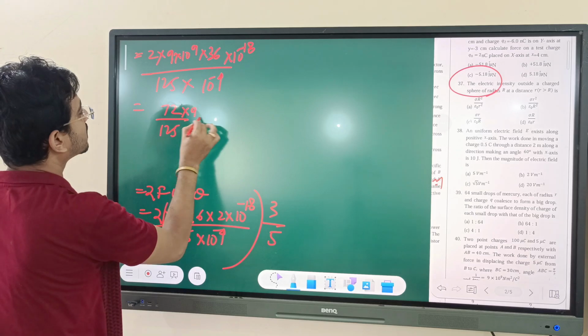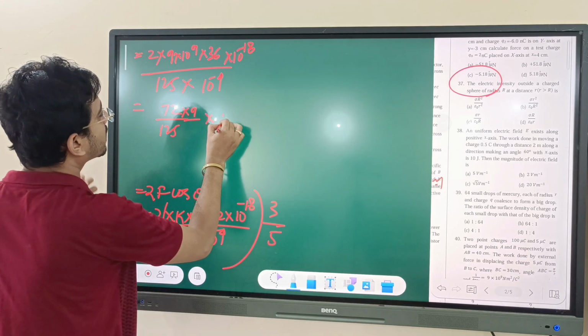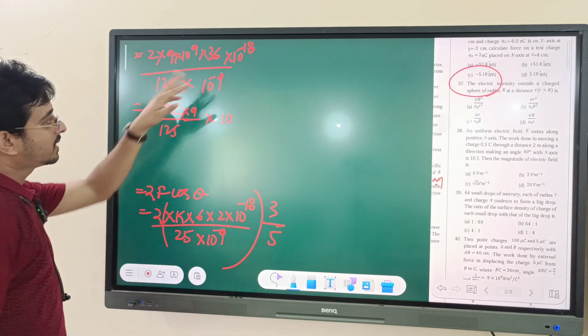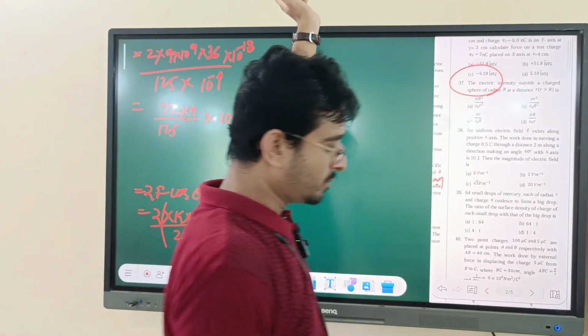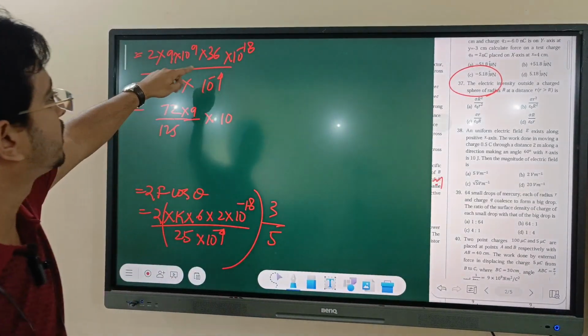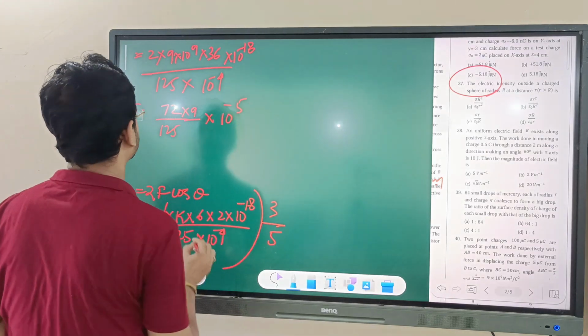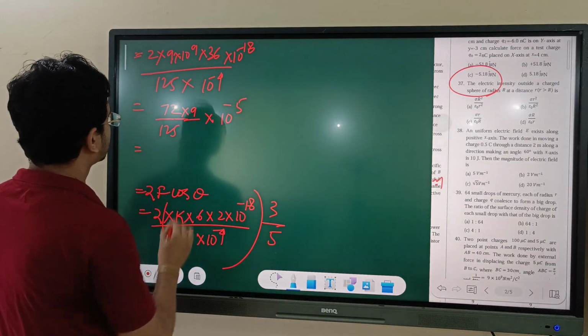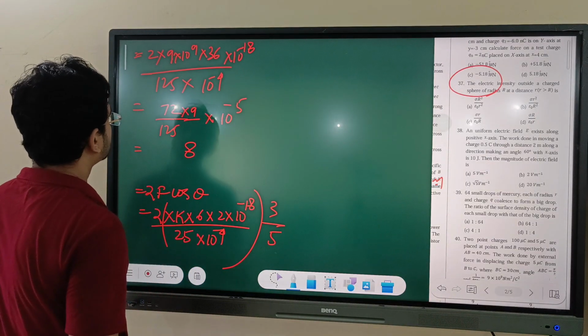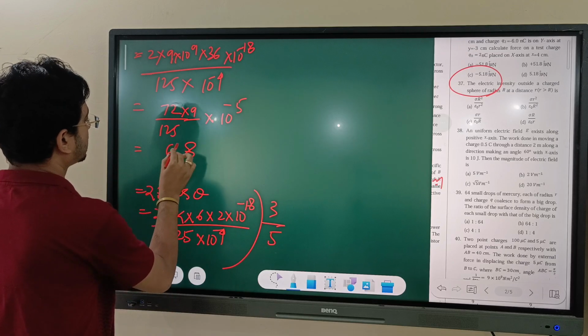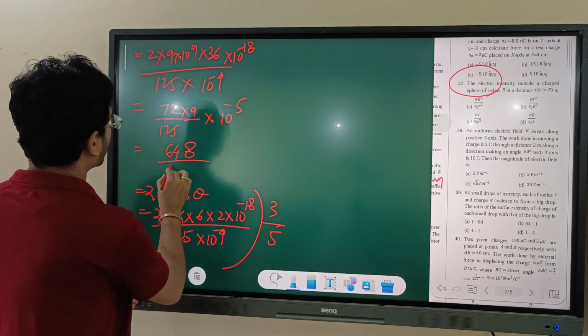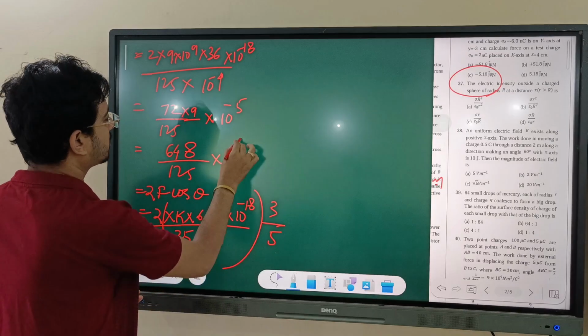So this is 36 into 72 by 125 into 9 into 10 to the power minus 9, and if you move to the numerator, I can write plus 4, minus 9 plus 4, that is minus 5, by 125 into 10 to the power minus 5.